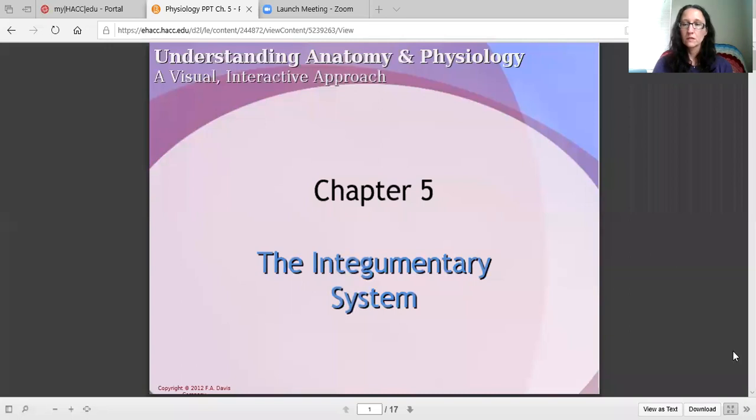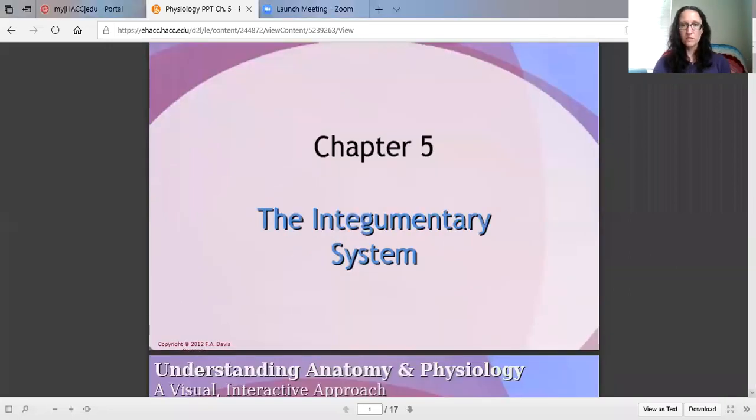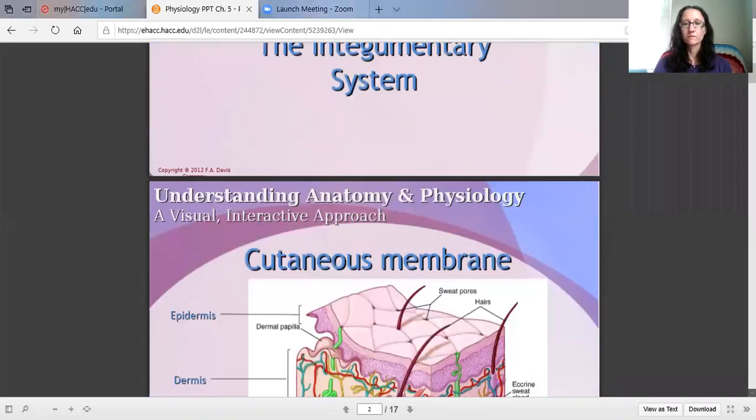The skin has quite a few functions, which we will get to shortly. But let's talk a little bit about what the skin looks like. So here we have the integumentary system.